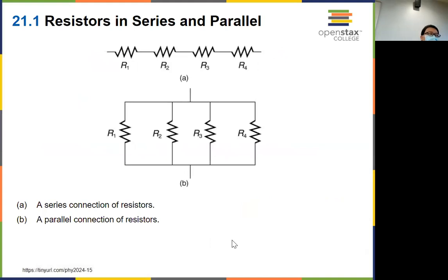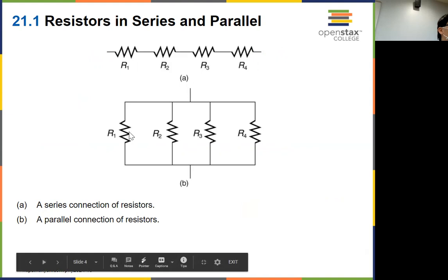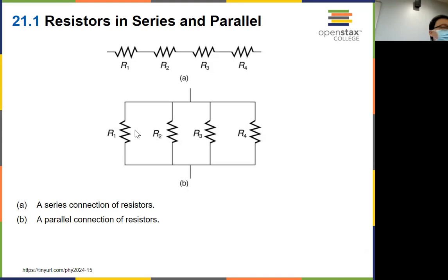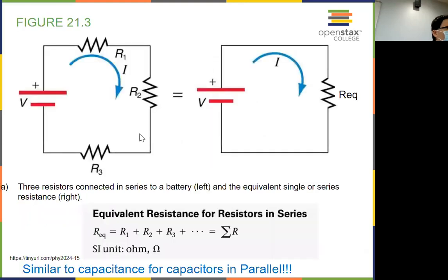We also talked about combinations of resistors in series and in parallel. If the resistors are in series, then the current going through each resistor will be the same, meaning they share the same current. If they are connected in parallel, then the voltage across each resistor will be the same. If you have resistors in series, you can replace the combination with an equivalent resistor.